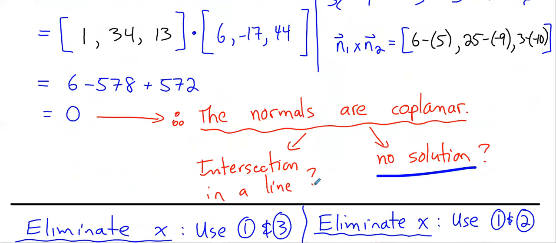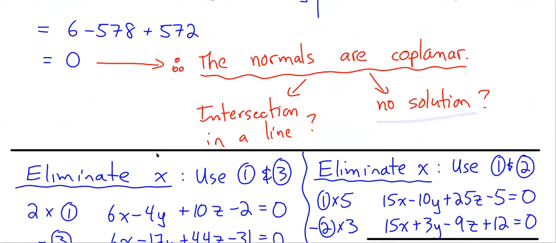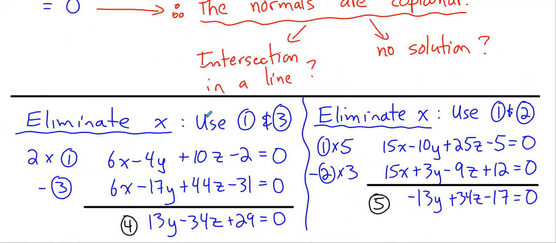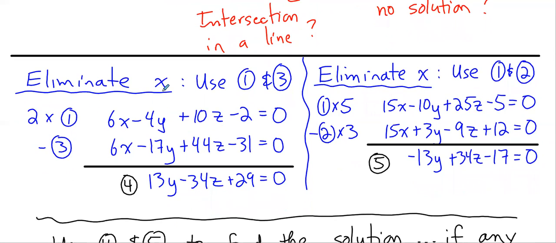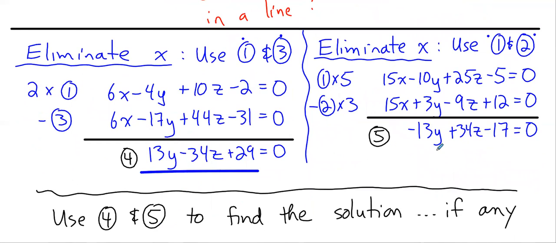So we have to go through the algebraic process and try to determine what's going on. We're going to use an elimination process to help solve that. Notice this is a little bit different than the elimination process you were looking at before. Here we're going to eliminate x using planes 1 and 3, and then eliminate x using planes 1 and 2. That's going to give us two equations with y and z.